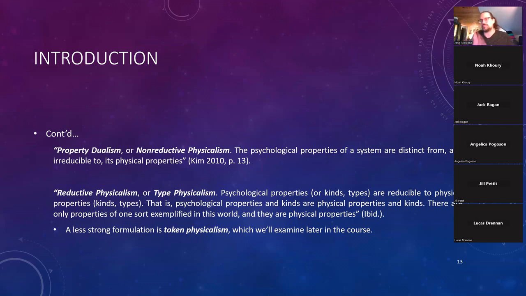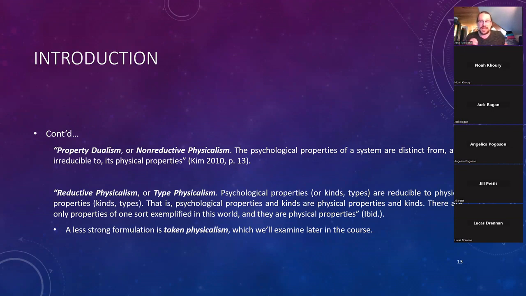Some people, like Patricia and Paul Churchland, for example, are what we would call eliminative reductionists. So they say, let's not just reduce the mental to the physical. Let's get rid of the mental altogether. We don't need it. Why talk about beliefs and desires when we can just talk about brain states and neurons firing and those kinds of things, right? So that's reductive physicalism.